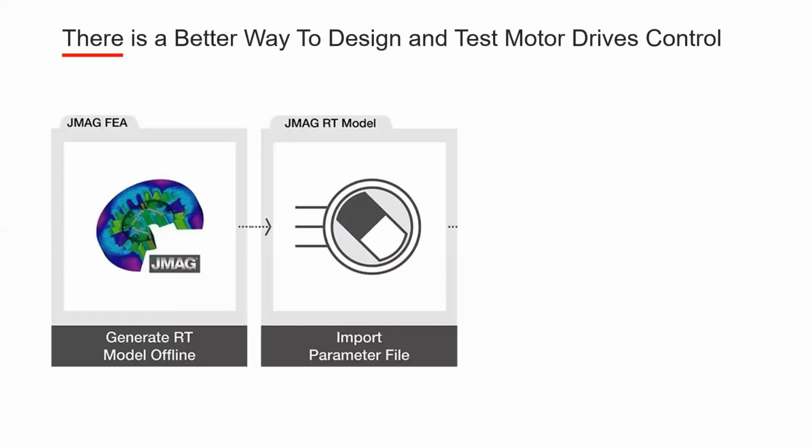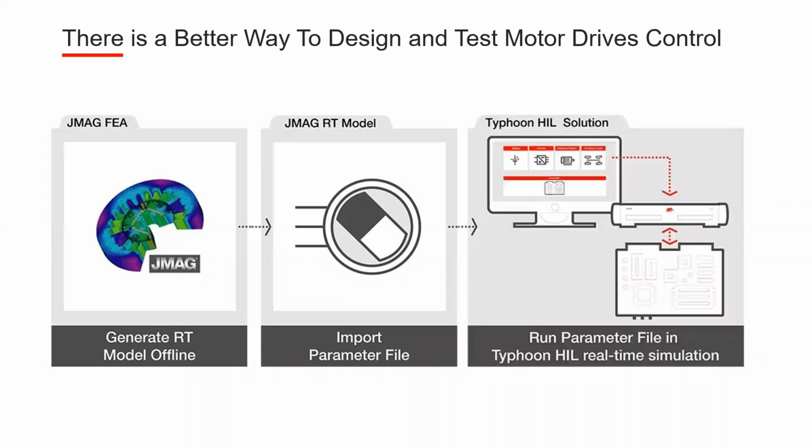This highly detailed model can then be converted to a JMAG-RT model that's suitable for system level simulations. Although reduced order, the JMAG-RT model is still very high fidelity, and it can be seamlessly imported into model-based software environments such as Typhoon.